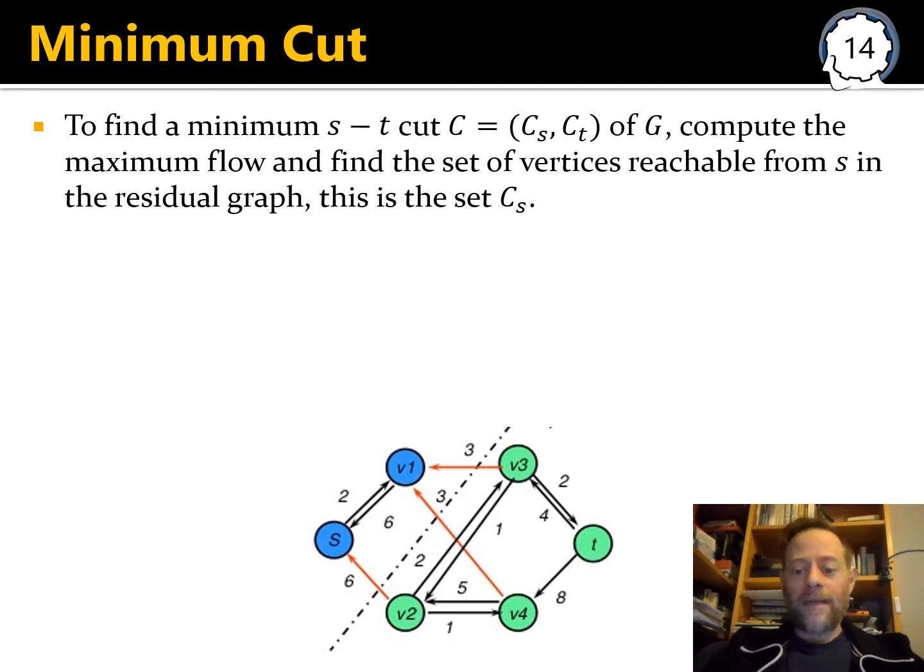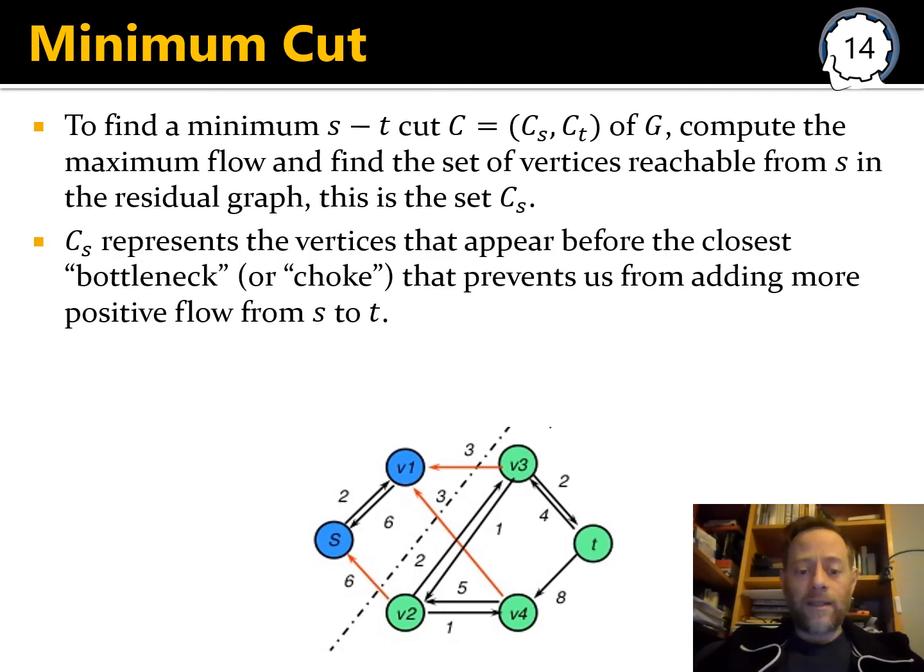Because we know that if it were possible to go from any of the other edges towards the T side, then of course we could push more flow through, and that's not the case. So therefore we can find these edges. You can call it the bottleneck because it prevents us from adding more positive flow.